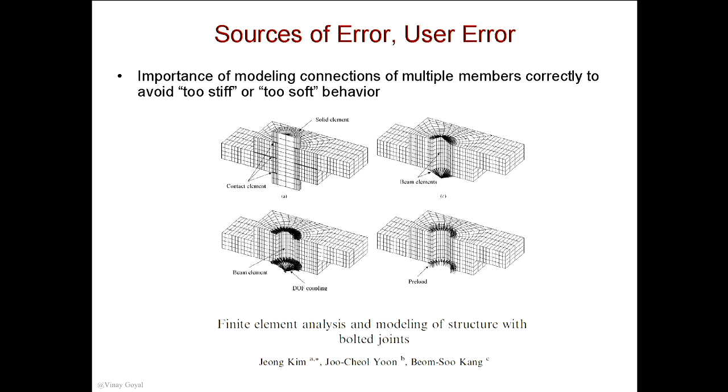Important to recognize that that might not be an accurate representation. So making sure that that joint behavior matches physical reality will be a good thing. And you can do that through testing or building some more detailed models and ensuring that the joint stiffnesses are represented well. Okay.